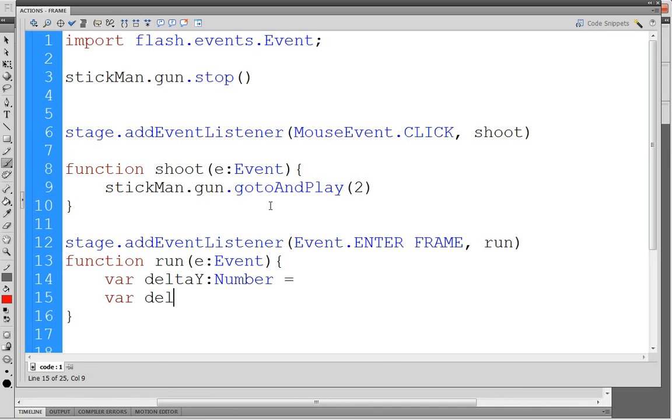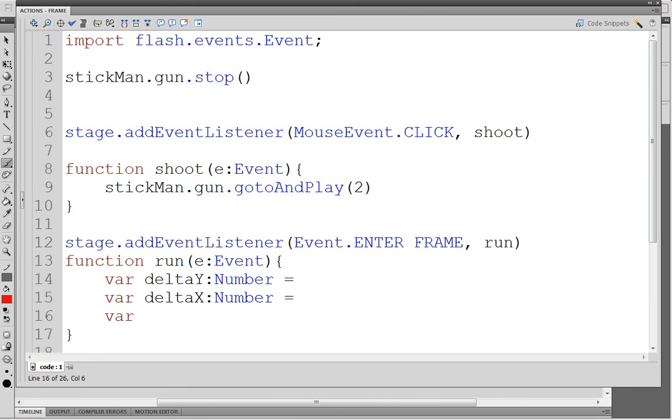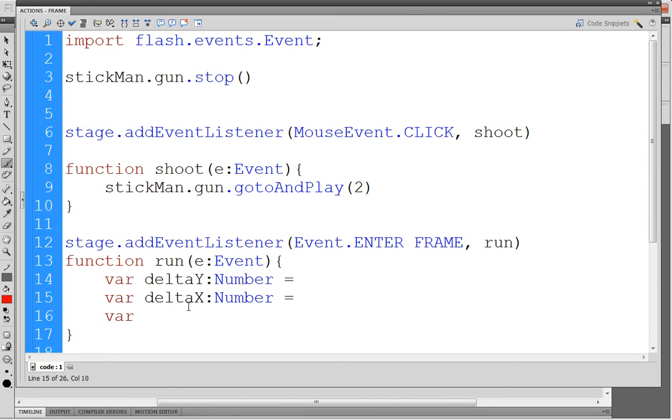Then delta x, also a number, and finally the angle.